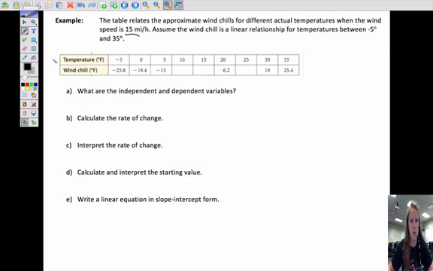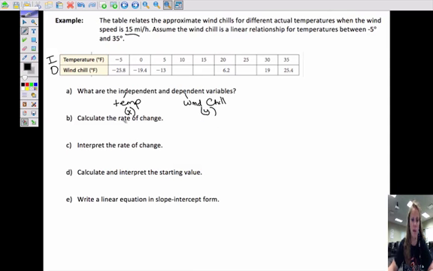So temperature is our independent variable, and the wind chill is our dependent variable. As a little cheat, in tables it'll often go x on top, y on the bottom. So our independent is the temp, which is x, and our dependent is the wind chill, which is y.